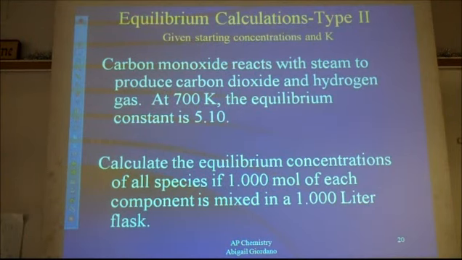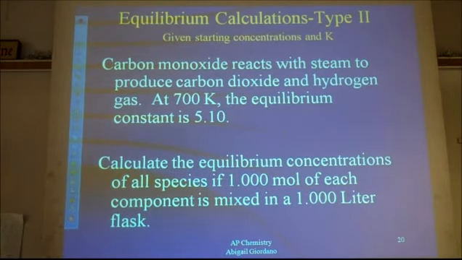Okay. First of all, yesterday at Cougar Time and after school yesterday, I kept getting the same question over and over again, which is a really good question. People were asking, how do you know if an equilibrium problem requires an ICE table? Because they all don't. Some do, some don't. Awesome question.